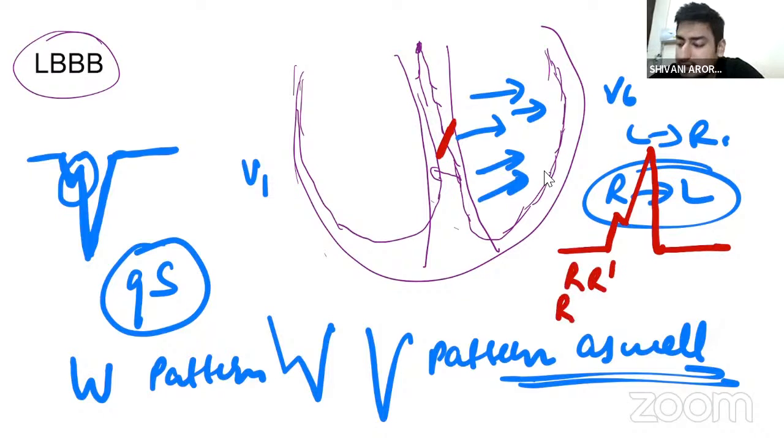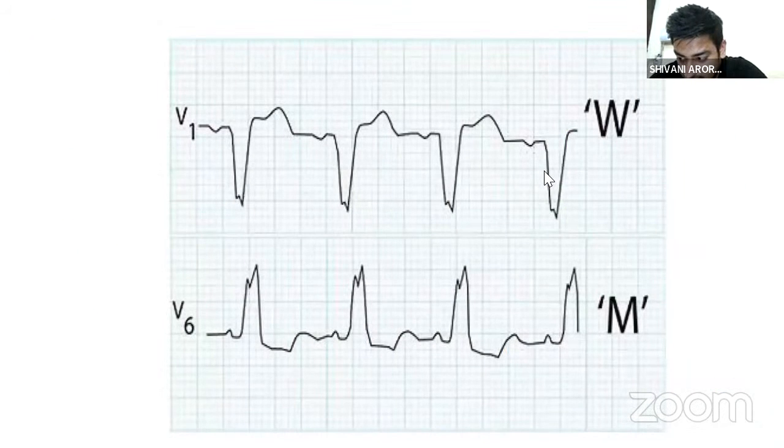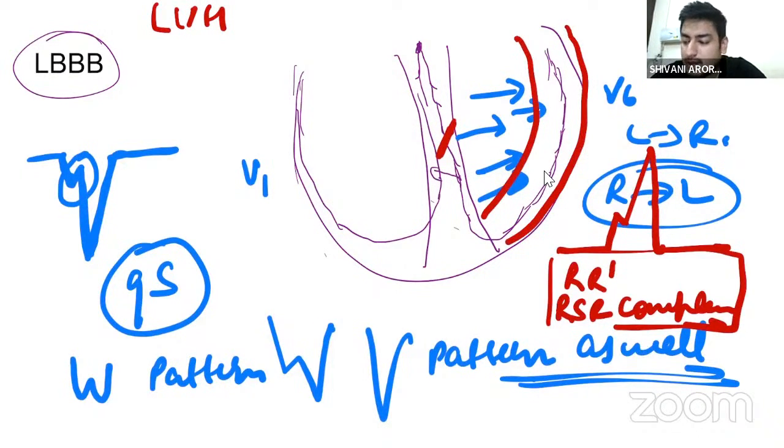Also, for similar reasons, as we know in LVH and RVH, in left bundle branch block also, since depolarization of the left muscle wall would now occur through muscle and not through Purkinje fibers, it will take more time. So the direction of depolarization would be the same, that is from endo to epi, but the direction of repolarization would now reverse because it would take more time.